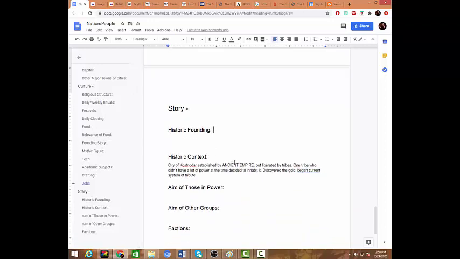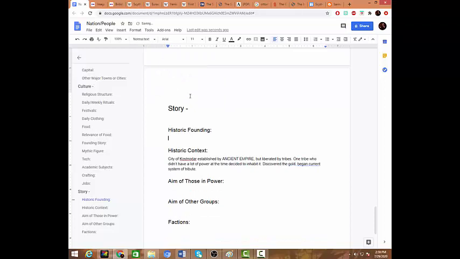So the historic founding is different from the founding story. So basically just horse peoples invaded, rebelled, took city, of life, secured by being unpopular to invade.